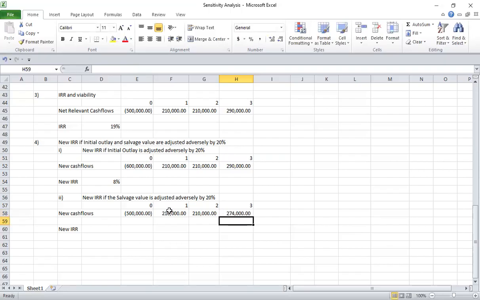So Ian, how much percentage do you have for the internal rate of return? Or rather, how much is your new internal rate of return?